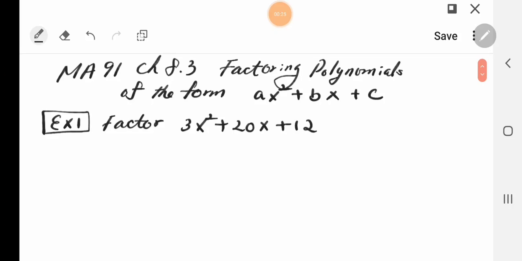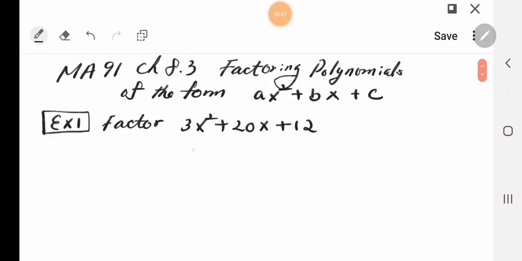Make sure the trinomial is written in order, so that the first term is the largest exponent term, the x squared term, the second term is the x term, and the last is the constant. If the order is correct, then find the pair of two factors so that the product is the first one.